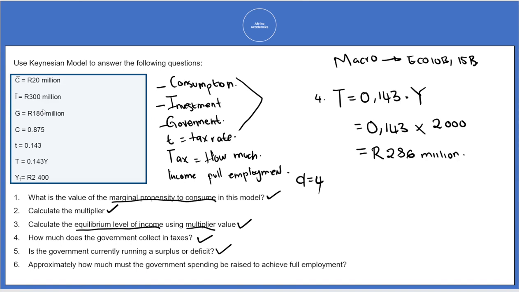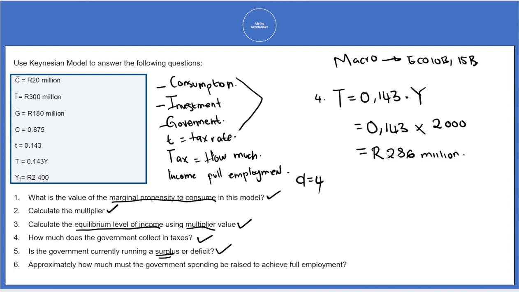If the government is spending more than the tax, then they definitely have a negative in their accounts. So when there's a surplus, it means there is extra, right? And when there's a deficit, it means there is less. All right, there's actually a negative. So that's what the question is asking us: does the government have more money or does the government have a negative balance?